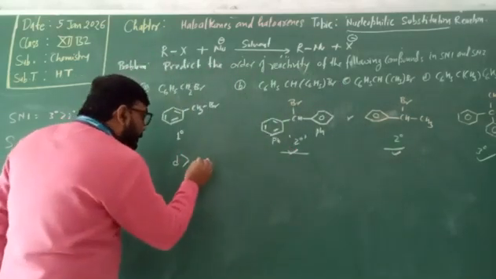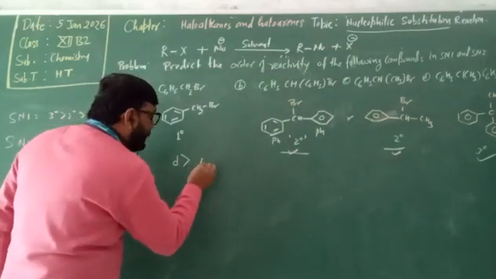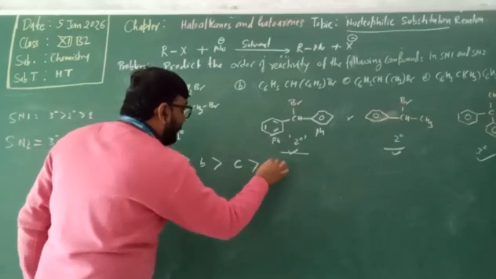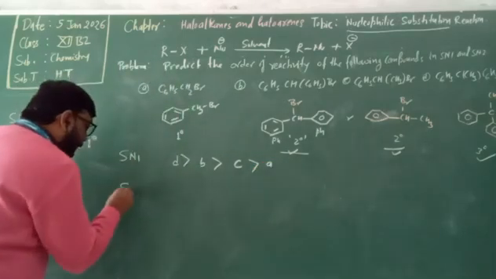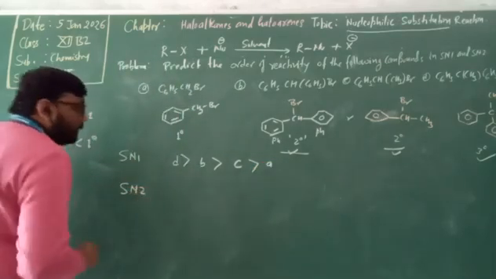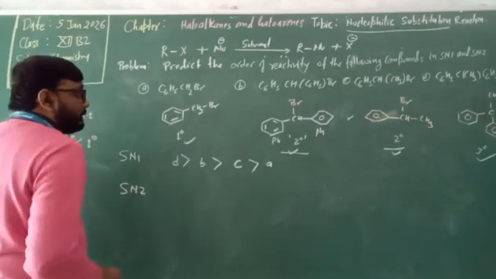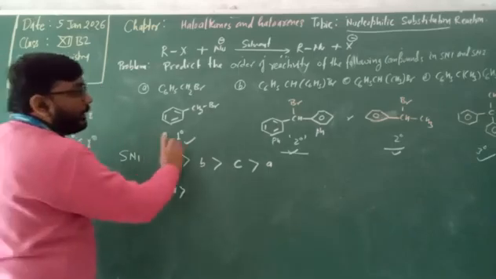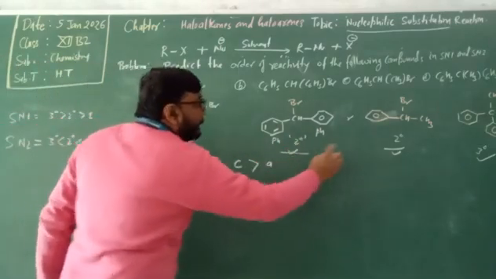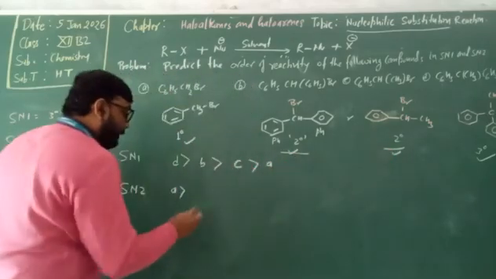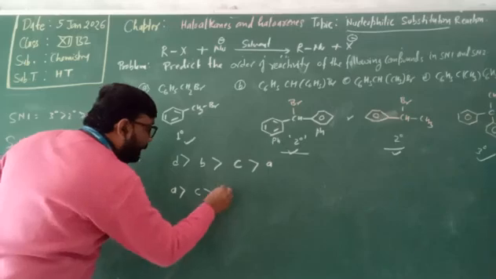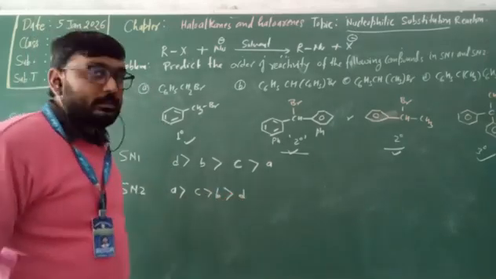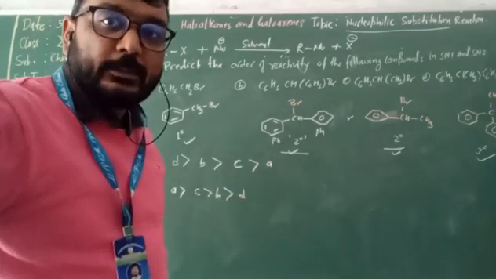So this is B and then C, followed by E. What about SN2? The 1 degree is faster, that is A. Then in 2 degree, the less stable one will become C, then B, and then later on D. So this is the answer to the given question.